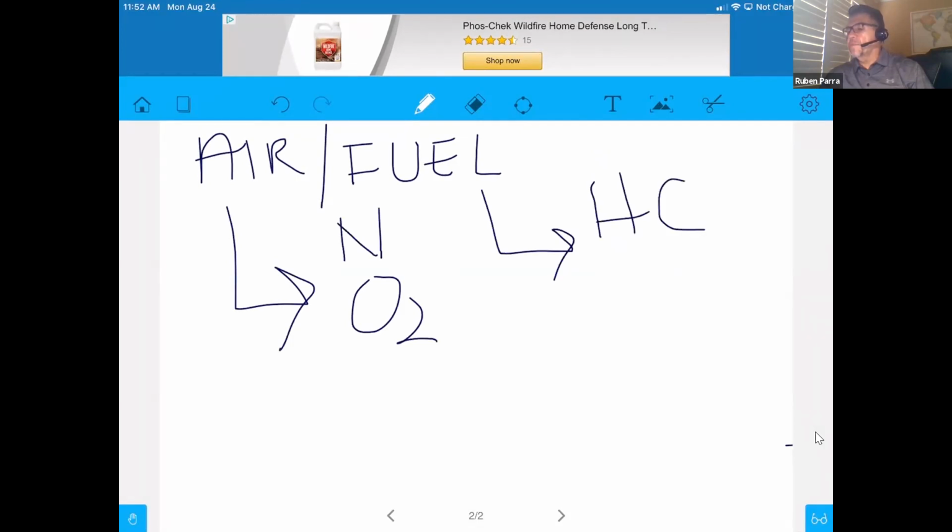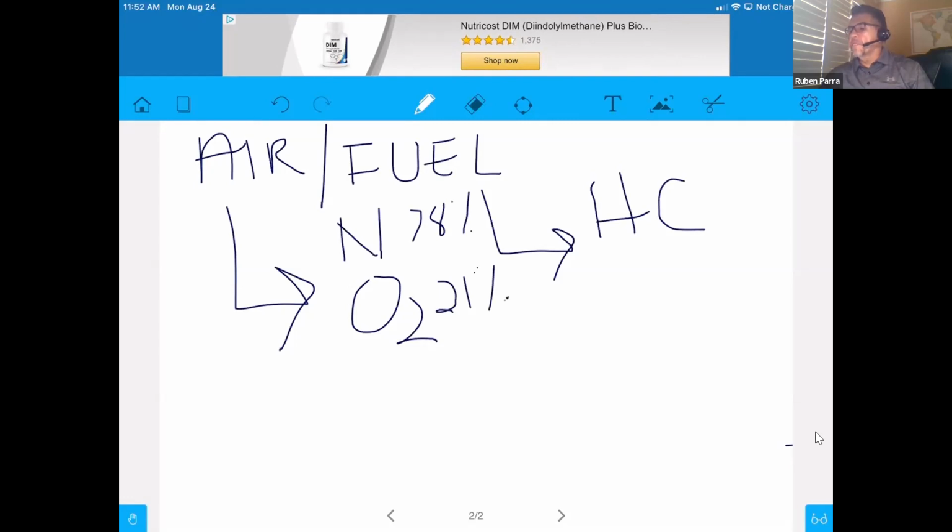Remember I said hydrocarbons was raw fuel? It sure is. So fuel is hydrocarbons, air is nitrogen and oxygen, and small trace amounts of other gases that are not important to us. Nitrogen is about 78%, a huge amount. Oxygen is the remaining percentage, just about 21%.